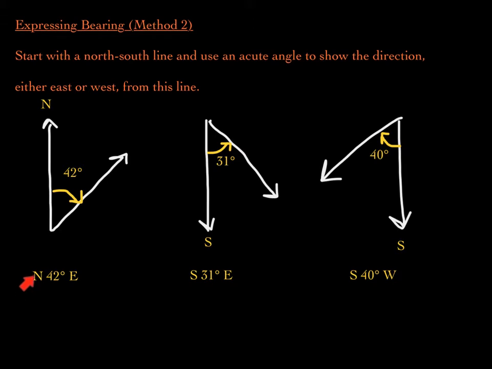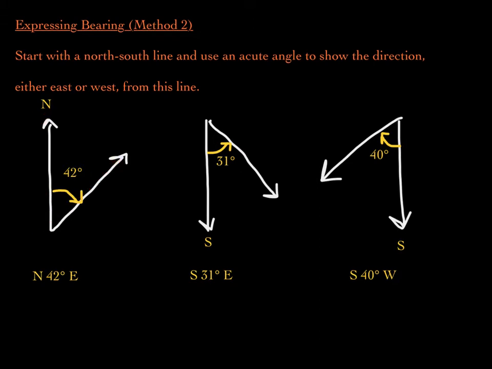It's always north or south first, then an acute angle, and then east or west last. So this one would have been 42 degrees due northeast, right? 42 degrees due northeast.